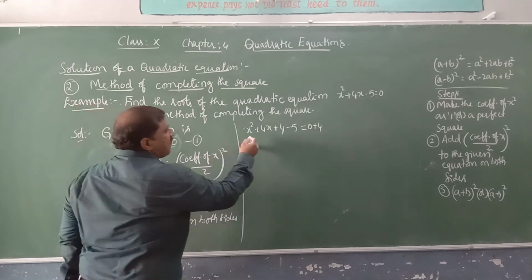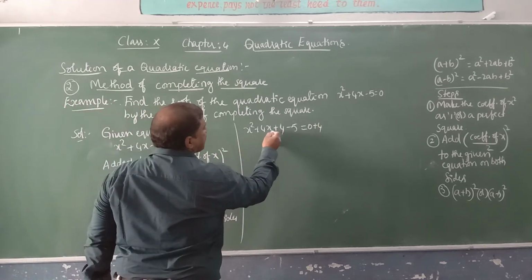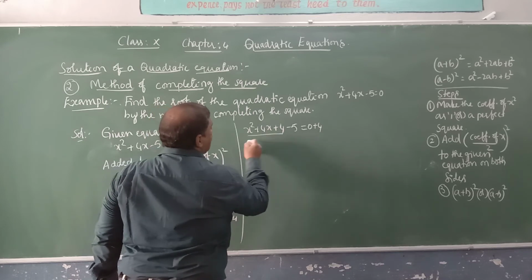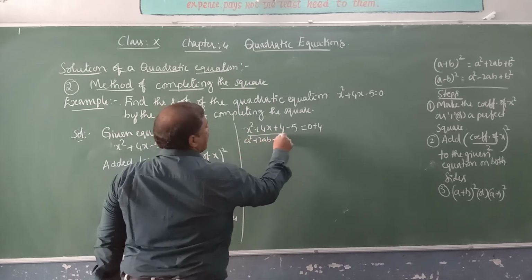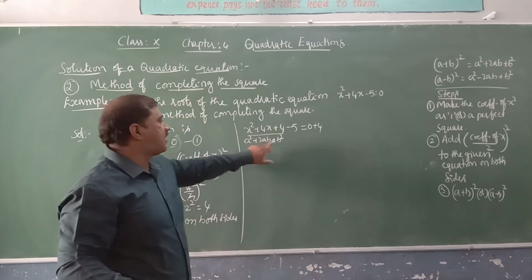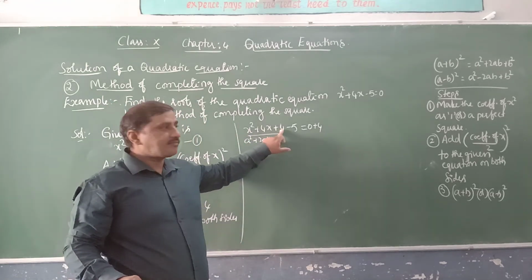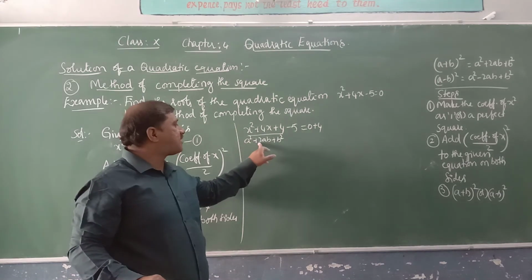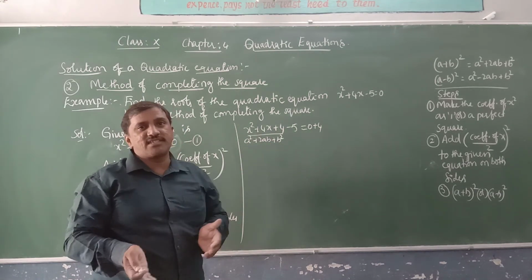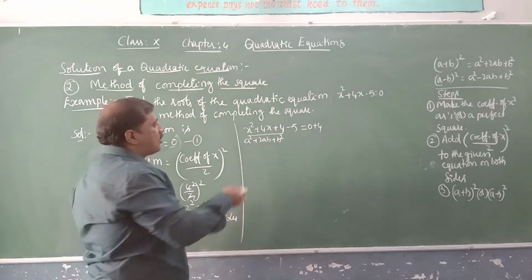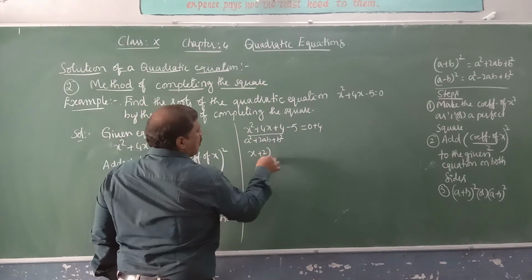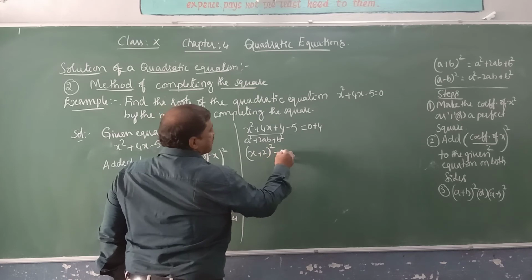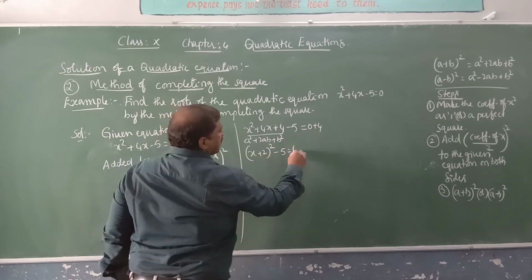Now if you observe this x square plus 4x plus 4, it is in the form of a square plus 2ab plus b square, where a is equals to x and b is equals to 2. A square plus 2ab plus b square is equals to (a plus b) whole square. So this whole can be written as (x plus 2) whole square minus 5 is equals to 0 plus 4, which is 4.